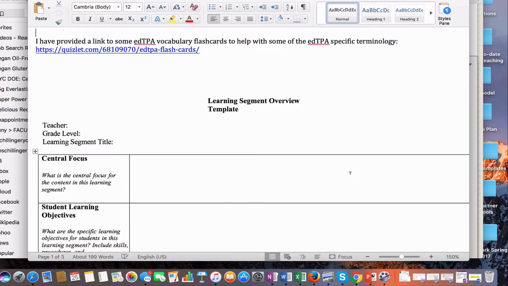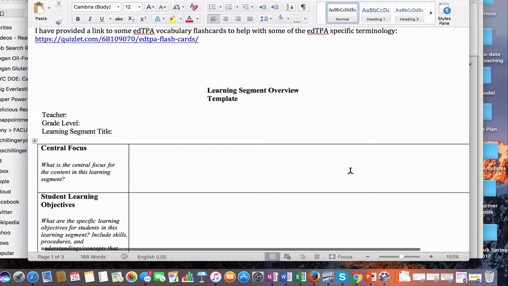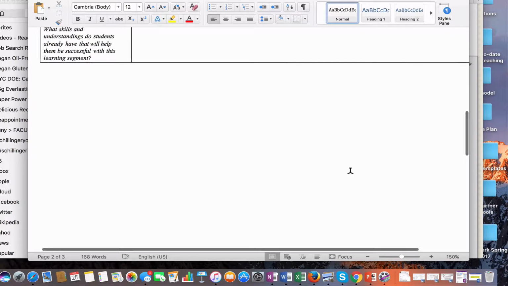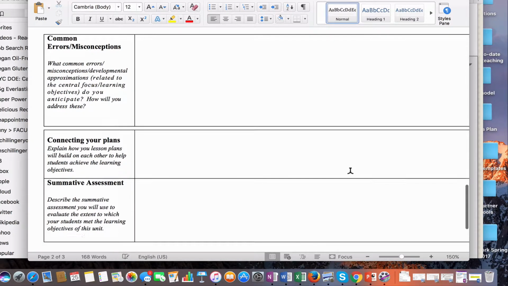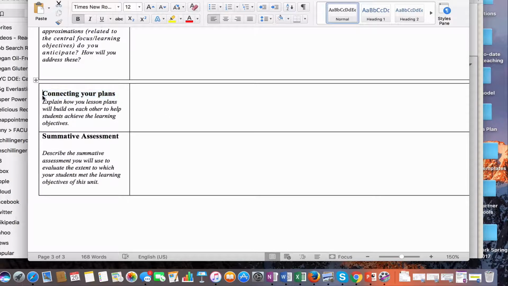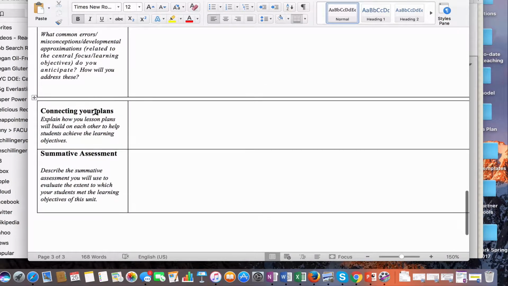The first thing that I want to say is that there's more on this than you need to complete. So these last two requirements, connecting your plans and your summative assessment, you're not going to work on those for November 1st.